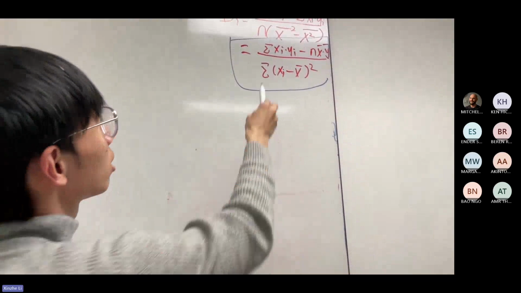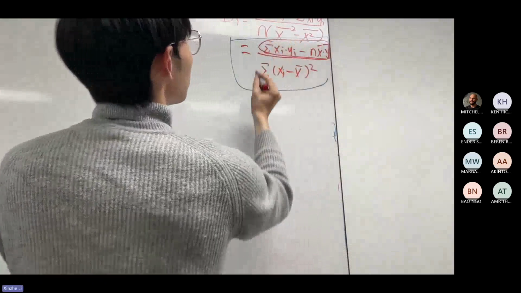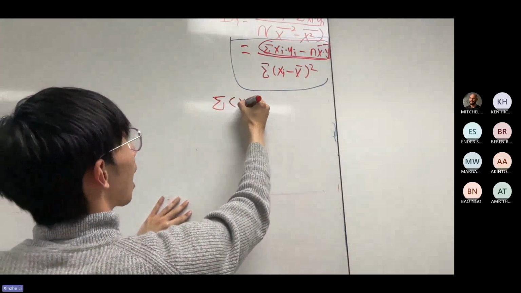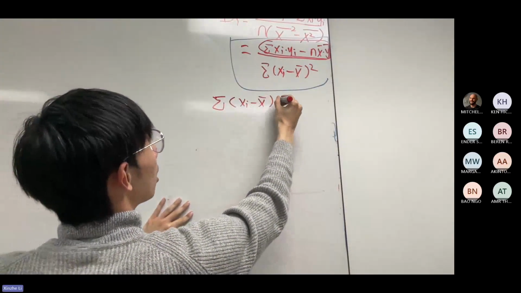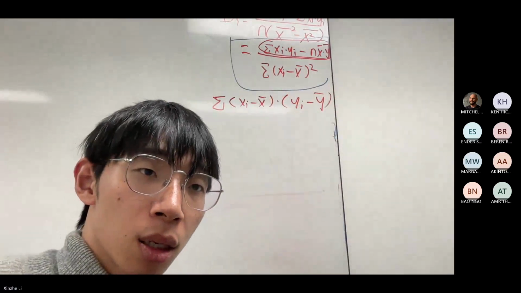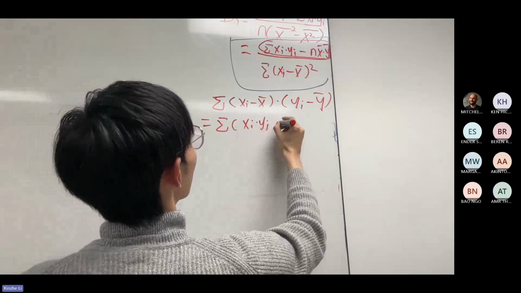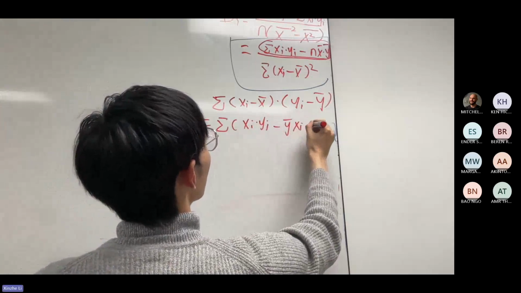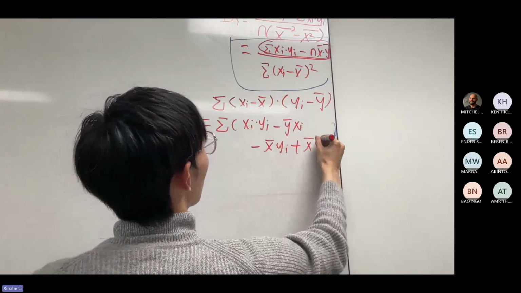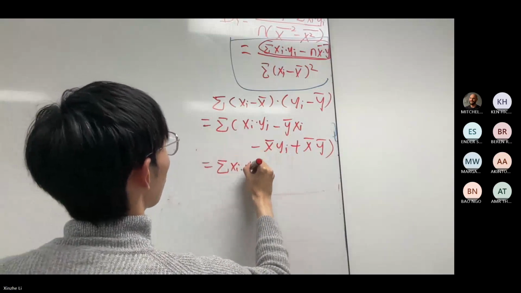Okay. So this numerator is the same as the code here. The code here is the summation of xi minus x bar multiplied by yi minus y bar. Actually, it's equal to xi yi minus y bar xi minus x bar yi plus x bar y bar. Then it's equal to the summation of xi yi.